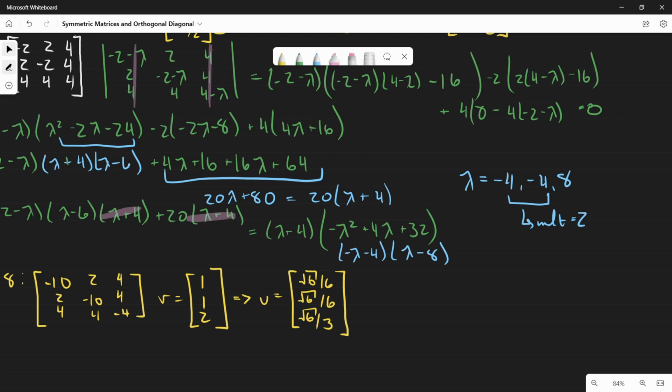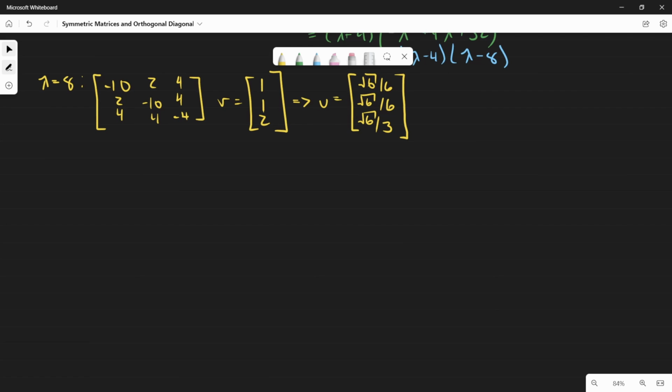So for our lambda equal to negative 4 case, we know that it's a multiplicity of 2, so let's just hope that the geometric multiplicity is also equal to 2. So we will have negative 2 plus 4, so this would be 2, 2, 4, 4, 4, 4, 2, 2, and then 4 plus 4 is 8.